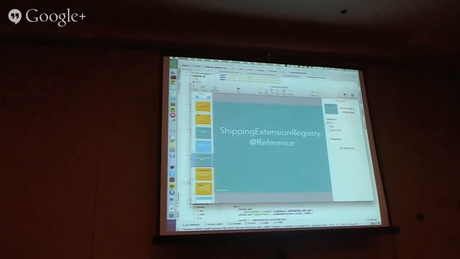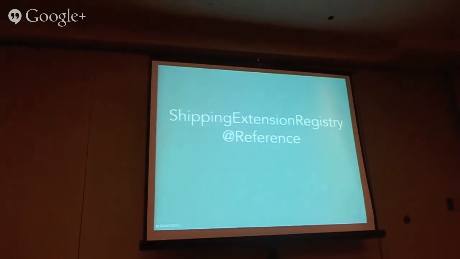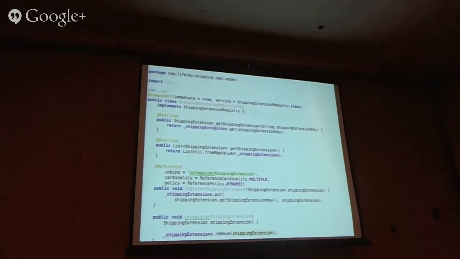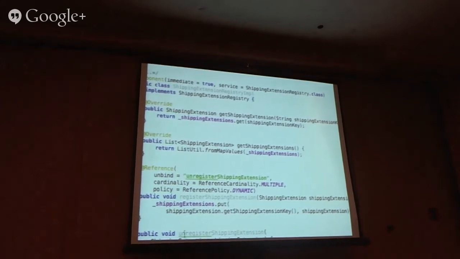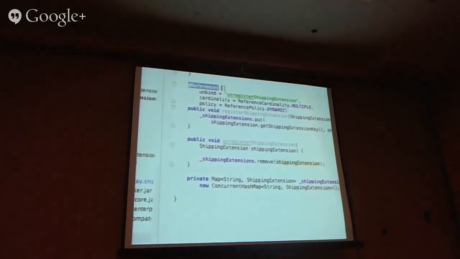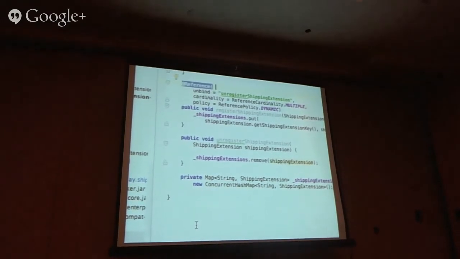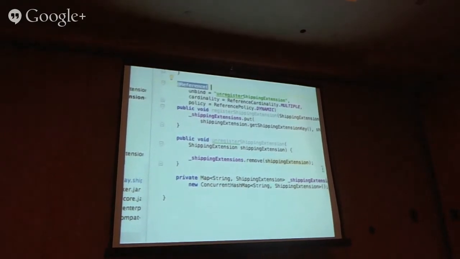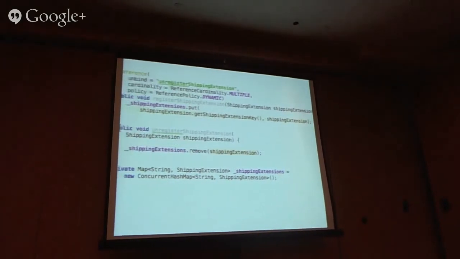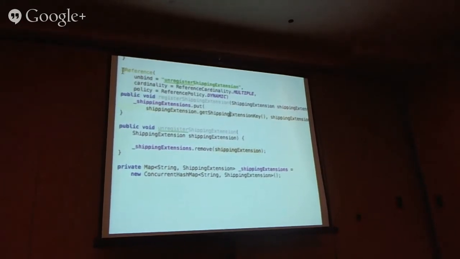So now that we have the extensions, we need a registry to store all those extensions. Okay, so in this case, once the service has been added to the service container, how can we obtain a list with all the available services of the type shipping extension? Well, in this case, we don't need to perform any kind of search, but every time a service of the type shipping extension is deployed into my container, this method will be invoked, and I can use it to store a reference of that service in a registry.